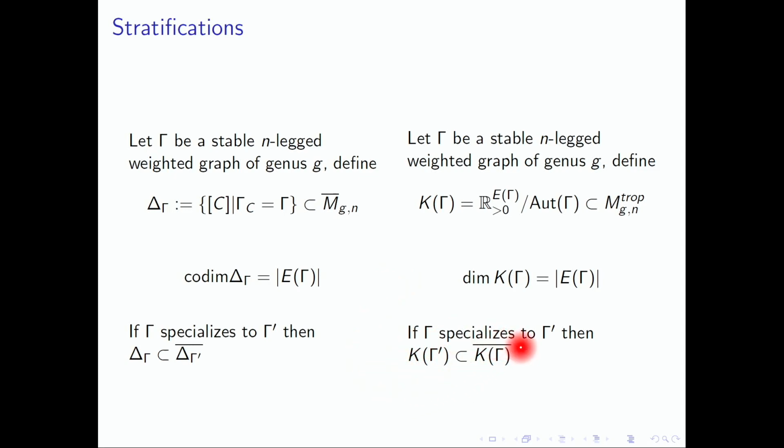So whenever I have a graph specializing into another graph, I have this inclusion of this quotient of cone into the other quotient of cone, the closure. And so this is exactly the rule I use to glue together all these cones. So I can present in this way a face inclusion of one cone in another cone. And I use this rule actually to construct the moduli space of tropical curves. So they are, to sum up, cones, quotients of cones, glued together along faces.